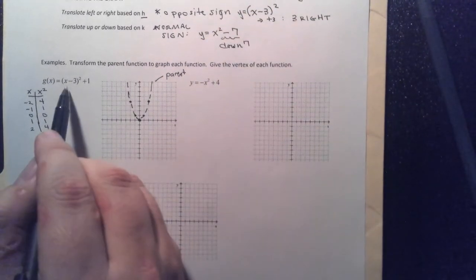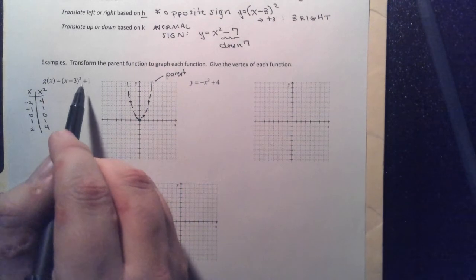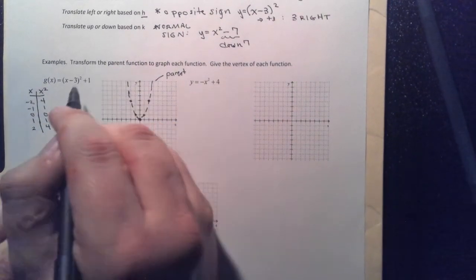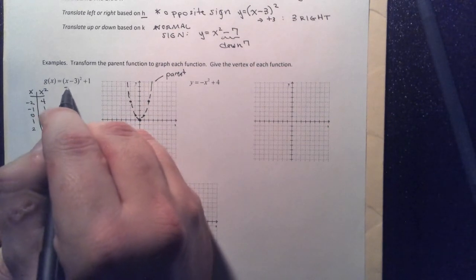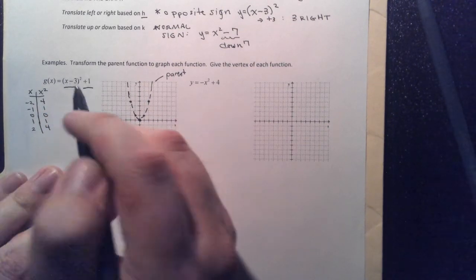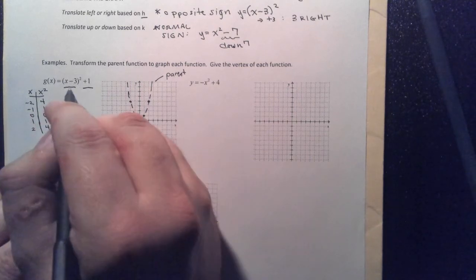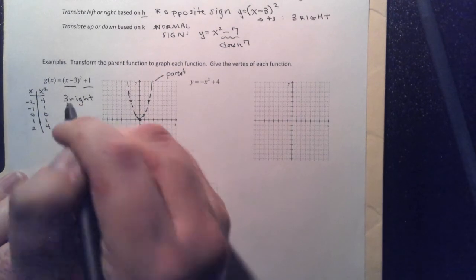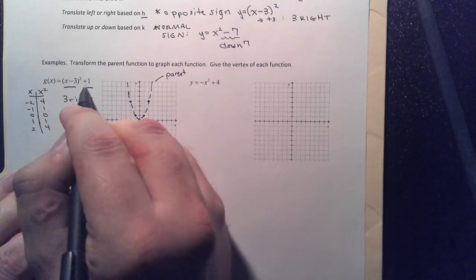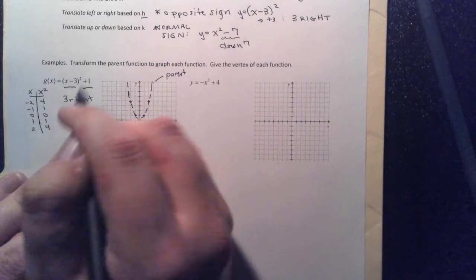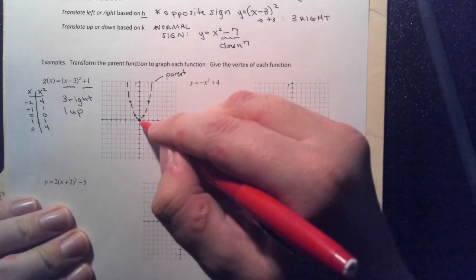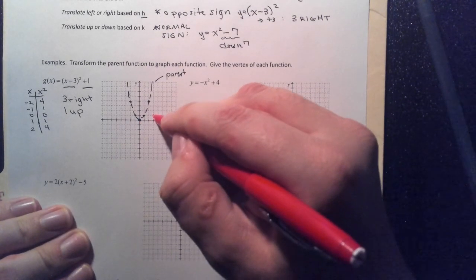Now I see here I've got x minus 3 squared and I've got plus 1. So I'm going to start thinking about those transformations. I know whatever's inside is going to move me left or right, and whatever's outside will move me up or down. So that minus 3 means I will go 3 to the right, because I know I need the opposite sign, and plus 1 means I will go 1 up. So I can move my vertex 3 to the right and 1 up.